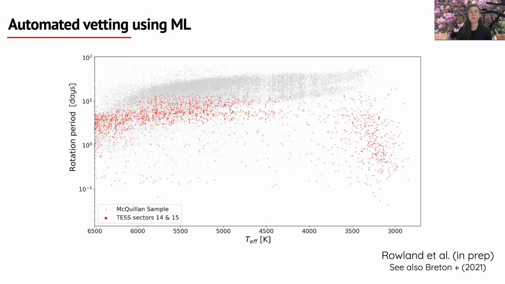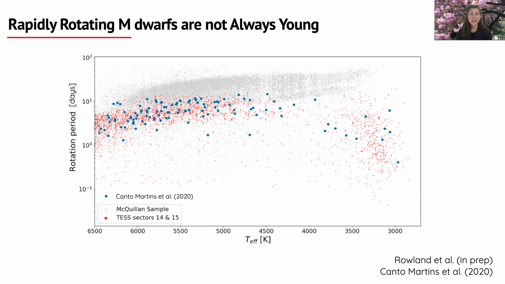So she puts a number of features of the light curves into a random forest algorithm and predicts which rotation periods are likely to be correct and which are likely to be incorrect. Let me just add the Canto-Martins rotation periods to this plot.